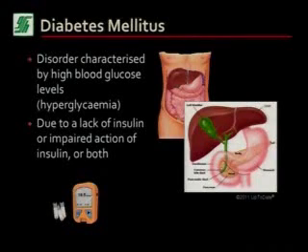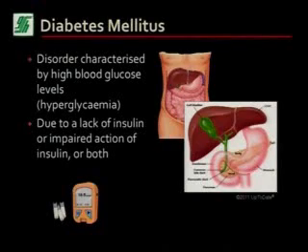Diabetes is a disorder characterized by high blood glucose levels. In diabetes, there's a problem whereby the sugar levels in the bloodstream are persistently high, and this is what we call hyperglycemia. There are two major ways whereby diabetes can come about.